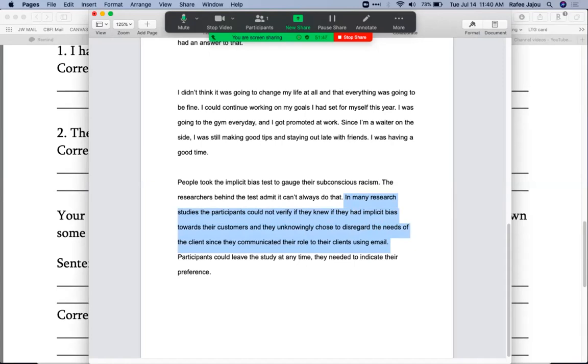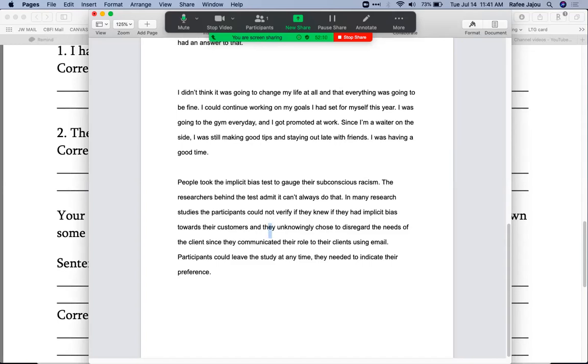We know there's definitely two sentences here. In many research studies, the participants could not verify if they had implicit bias towards their customers, and they unknowingly chose. Oh, I'm starting to run out of breath. That's another sign. Okay. So this is where that statement kind of ends. I can definitely see it ends and another one starts.